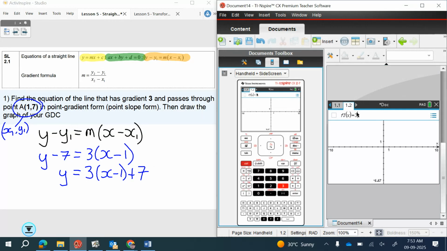So this will give us 3 times bracket x minus 1 close bracket plus 7. We press enter, and we see how it looks on the graph. Make sure you have a go at drawing that successfully.